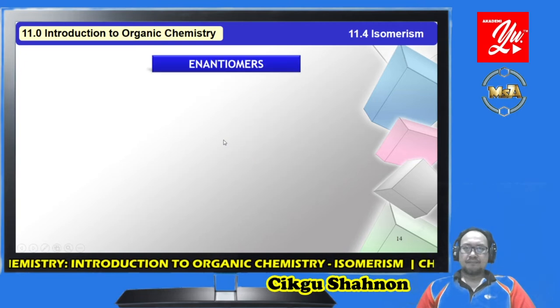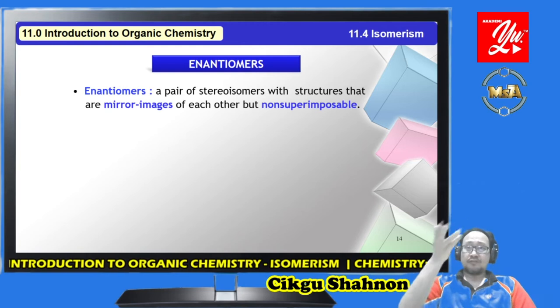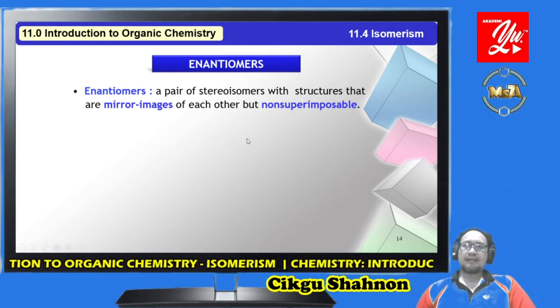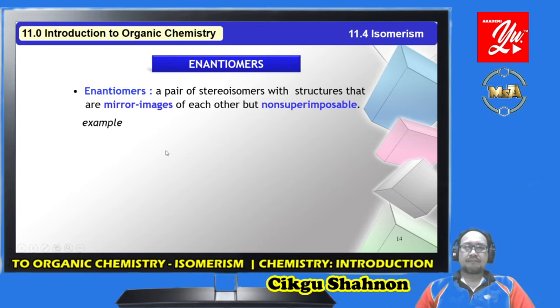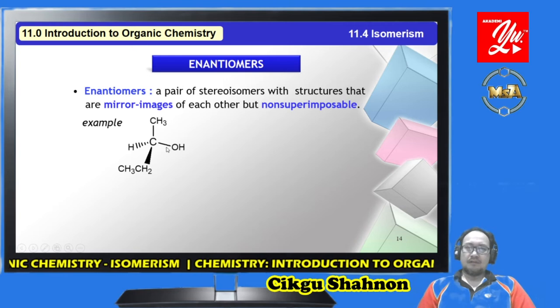So now we go to the enantiomers. Enantiomers are a pair of stereoisomers with structures that are mirror images of each other but non-superimposable. For example, we have a molecule like this.